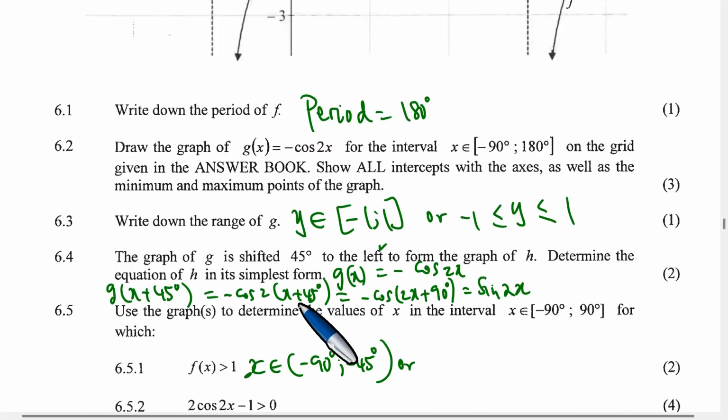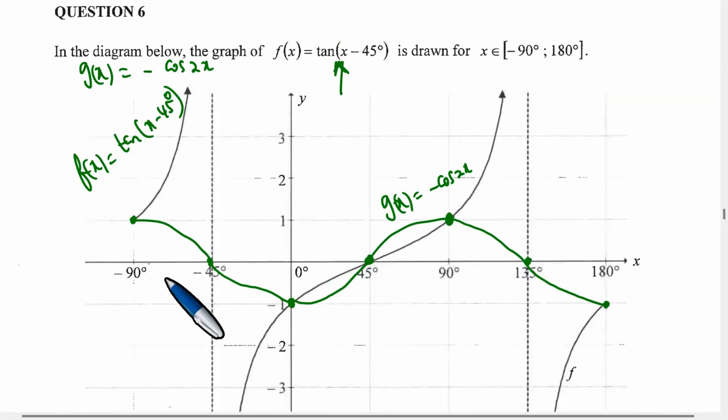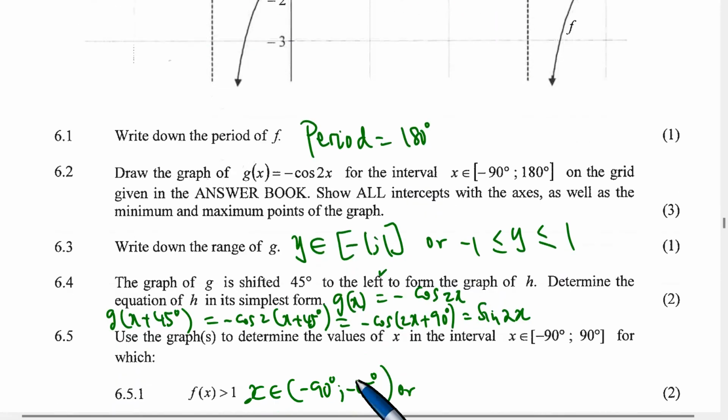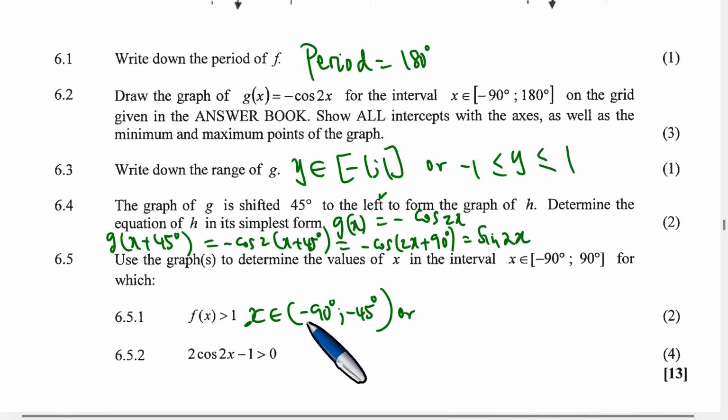But at -90, it is equal to 1 exactly. So we are not looking at that part because we are looking at where it is actually bigger than 1. So we must consider -90 degrees less than x less than -45 degrees.